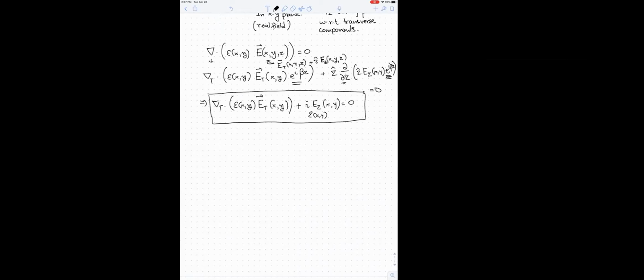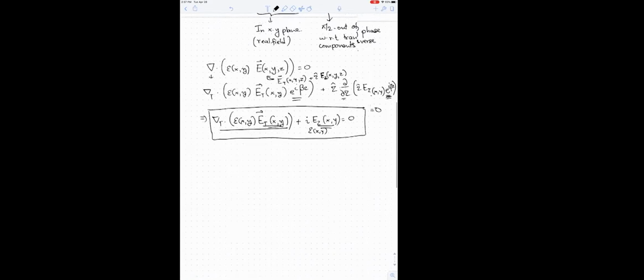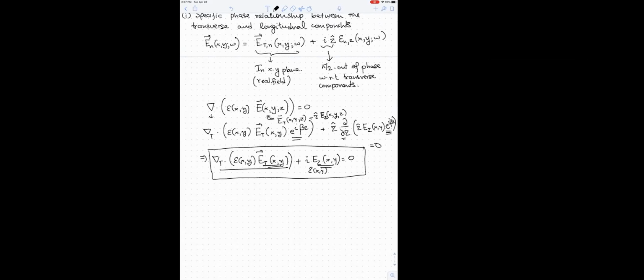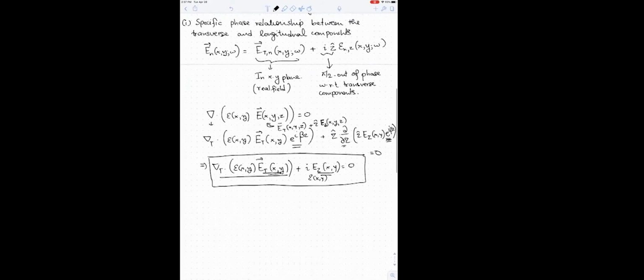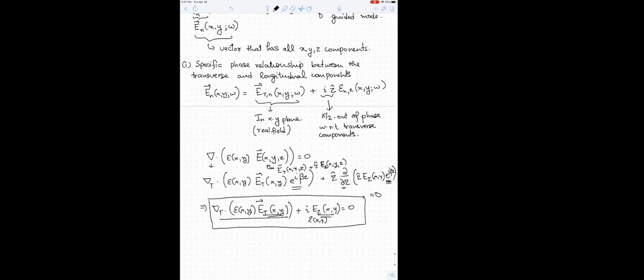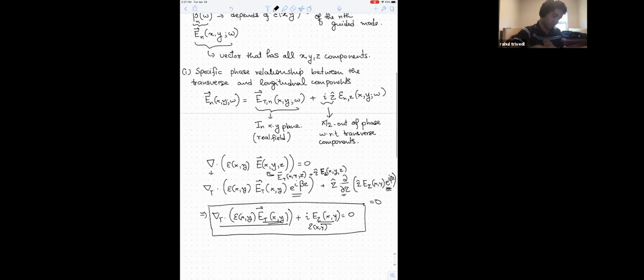This is just coming from the divergence condition. So you can see that these two have to be pi by 2 out of phase for you to be able to maintain the divergence condition, right? So that's one reason why this is necessarily true. Okay. So this is one important property of the mode profile. We're going to use this in a minute, and also when we come to properties of waveguide-based devices.